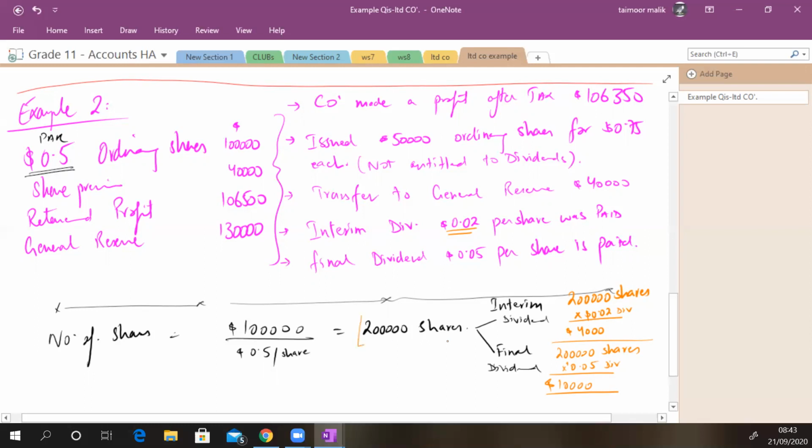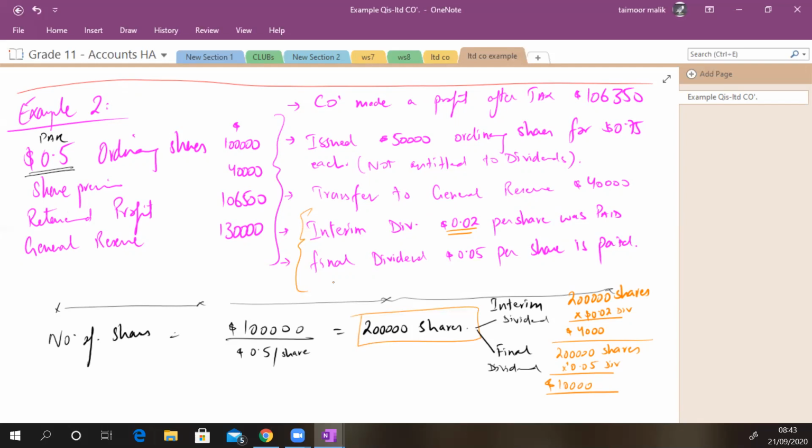Any problem in like ये 200,000 shares कैसे आए, ये interim dividend कैसे निकला, final dividend कैसे निकला? It is said over here. Any problem? Anyone? Sir Tamur. Yes. Sir, in the second point, you've written that 50,000 ordinary shares worth $50,000 for 0.75 each are not entitled to dividends.